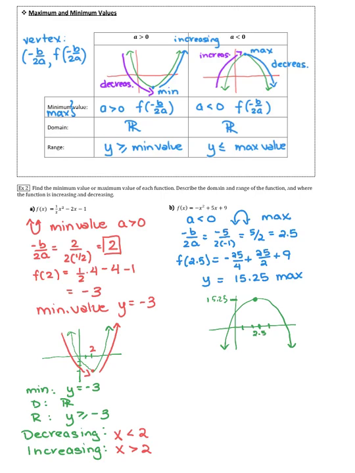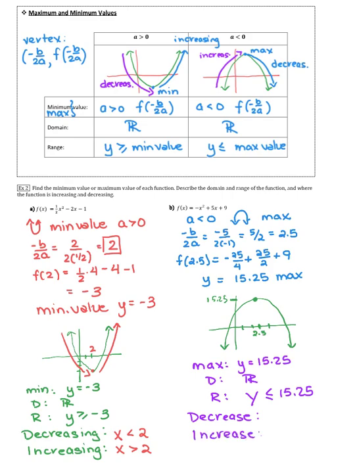All right, so let's list what we know. We know now that our maximum value is at y equals 15.25. I know that my domain is going to be all reals. My range is going to be all the y values less than or equal to 15.25. And now talking about decreasing and increasing, we have to give those intervals.